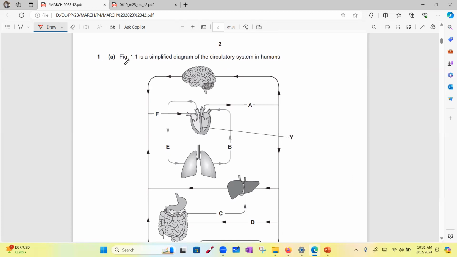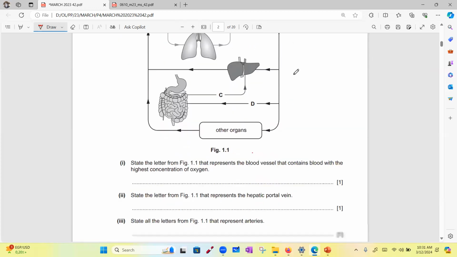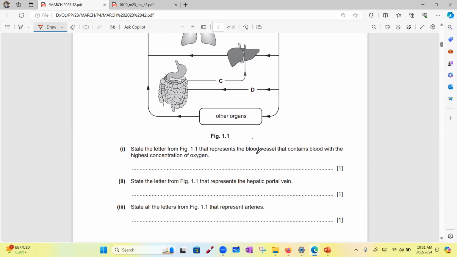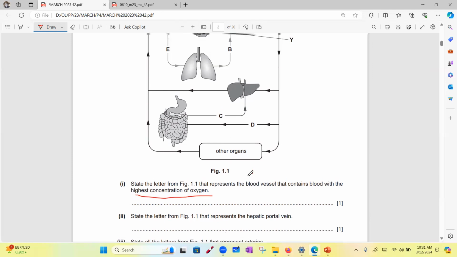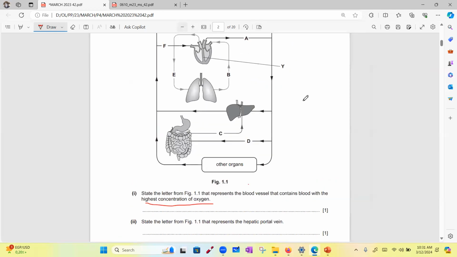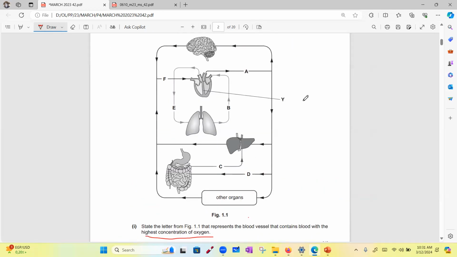Okay, figure 1A is a simplified diagram of the circulatory system. State the letter that represents the blood vessel that contains blood with the highest concentration of oxygen. A is wrong. B. Yes. Look at B. Here, the blood is coming out of the lungs.